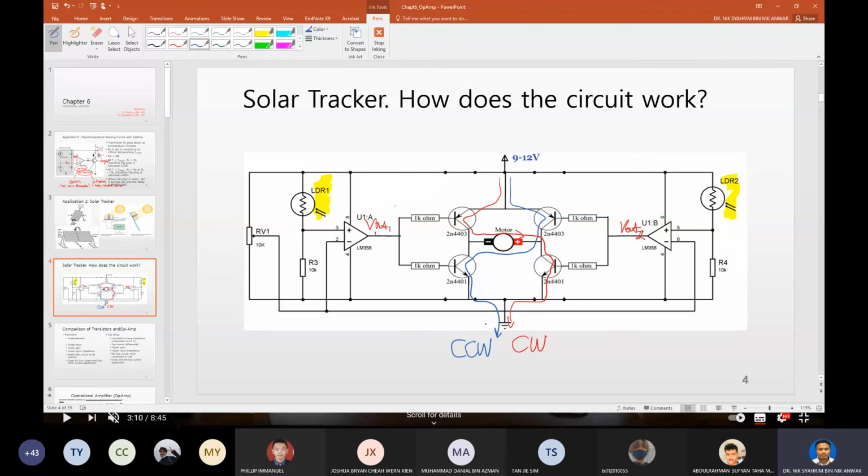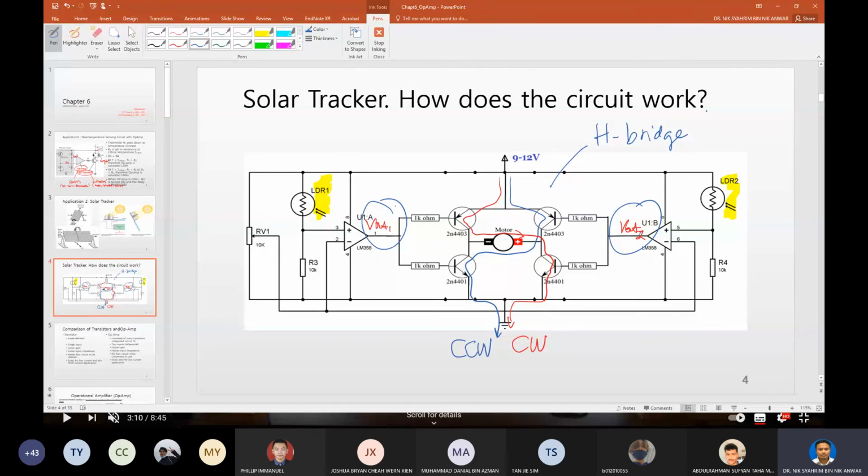So what will determine which path the current will flow is the value of V out 1 and V out 2. The difference in the value will determine which BJT will be turned on. Okay, so this arrangement we refer to as an H bridge.